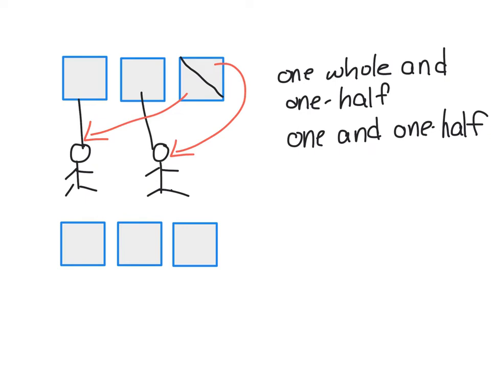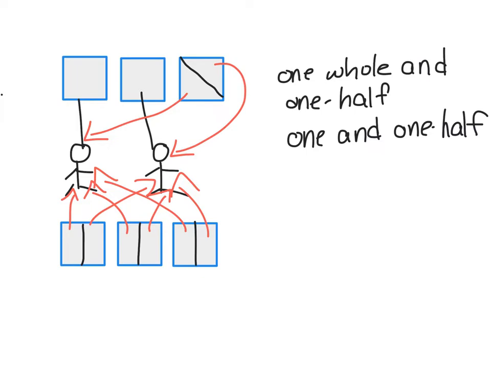Here's another way which you might have discussed with your partner. Well, what if we cut each of the sandwiches in half, right? So let's cut this in half, cut this in half, cut this in half. So that means that 1/2 goes to one partner, 1/2 goes to the other friend, 1/2 here, 1/2 to the friend, 1/2 to that friend, and 1/2 to this friend.